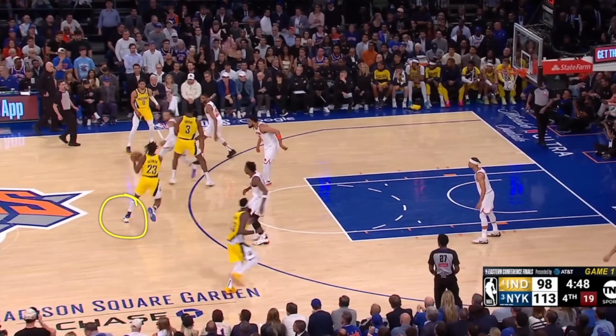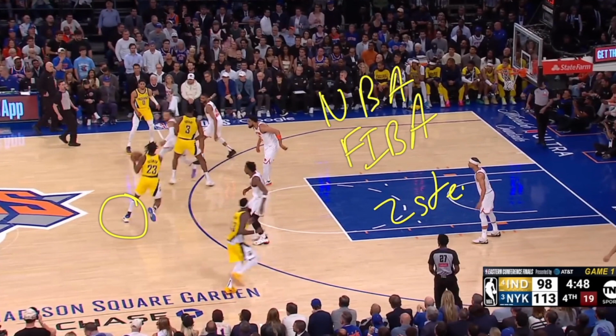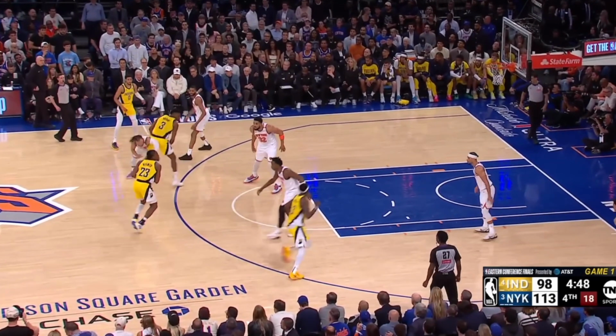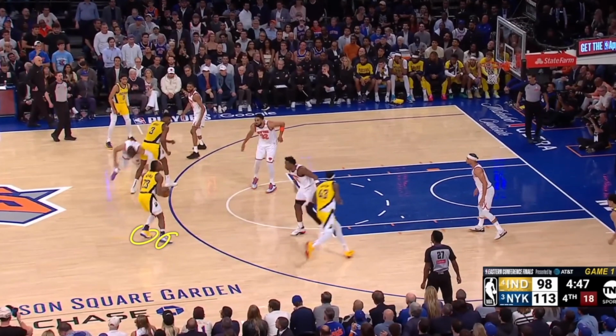Aaron Nesmith catches on the left foot. Remember, we're allowed in the NBA as well as FIBA to have 2 steps, and we have to get rid of the ball within 2 steps. So this is a gather. This is 0. Then he hops on his right. That's 1 step. And then he hops onto 2 feet at the same time.